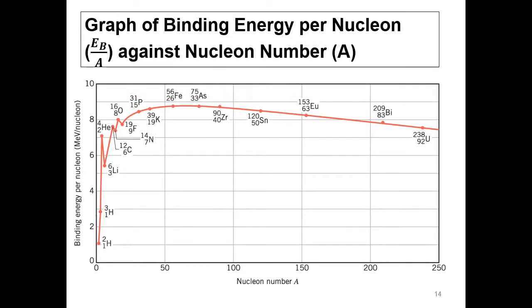This is a graph of binding energy per nucleon, EB over A, against nucleon number, and we are using the unit MeV per nucleon.